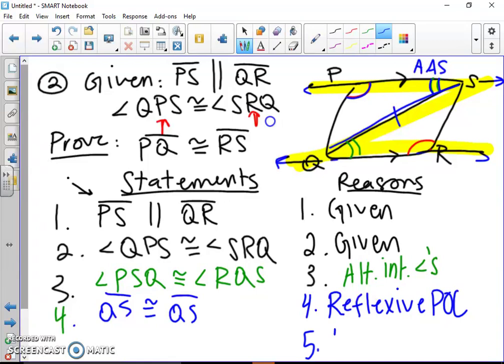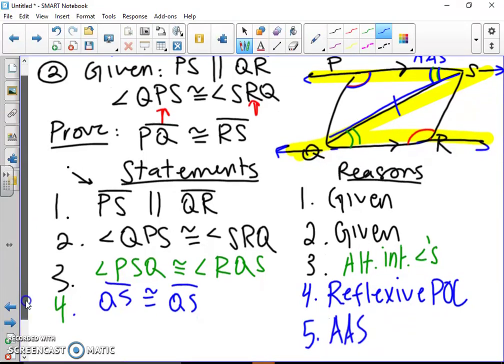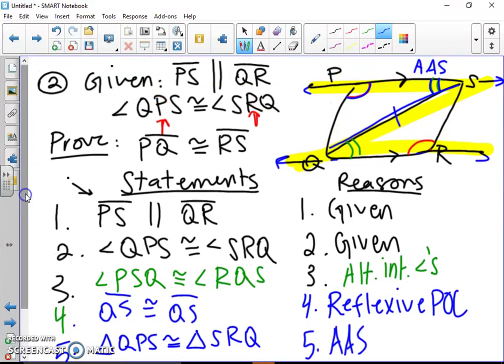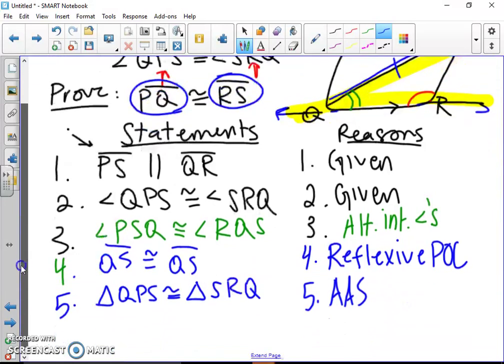So in the 5th step, we can say by angle, side, that these triangles QPS is congruent to triangle SRQ. But that's not our final goal. Remember, our final goal is to prove that PQ is congruent to RS.